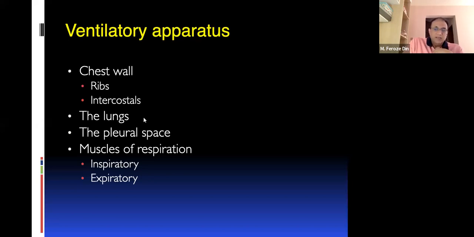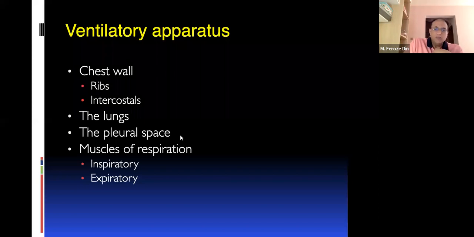In between the lungs and the chest wall, you have the pleura, the parietal and the visceral pleura. And between those two, we have this potential pleural space, and these convert the pleural cavity into a compartment which has its own pressures and own volumes.